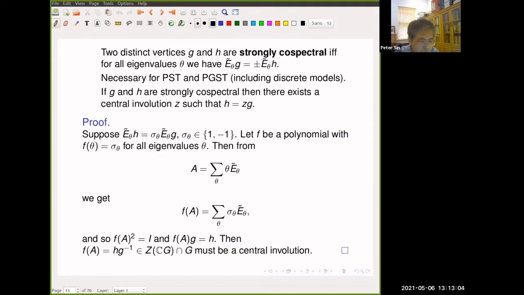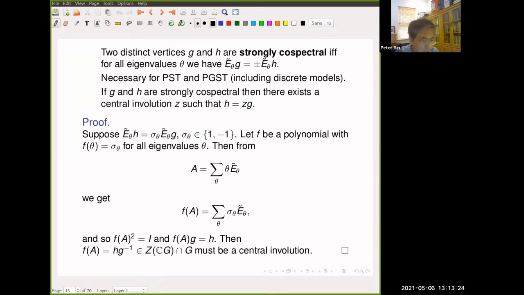So f of A will be the sum of sigma theta times e tilde theta. Then by the shape of f of A, and because the e tilde thetas are idempotent, it's clear that f of A squared will be the identity.